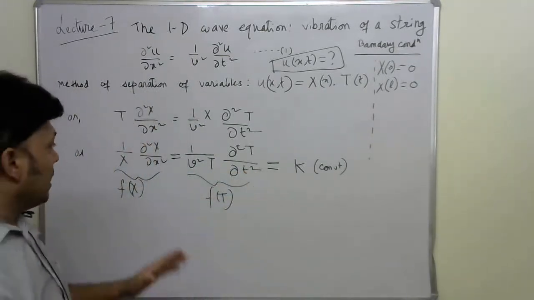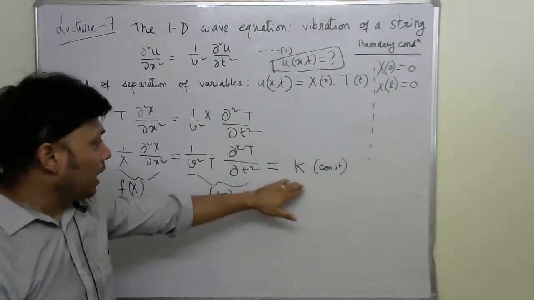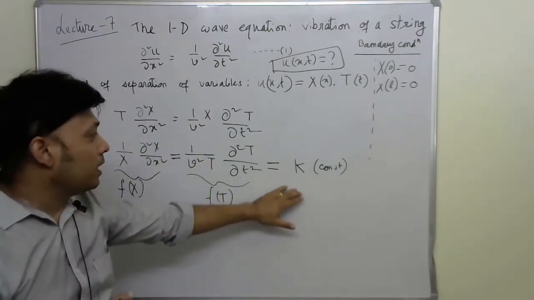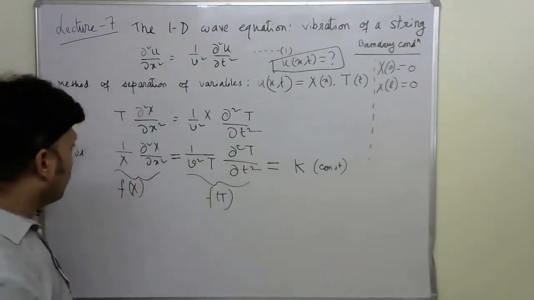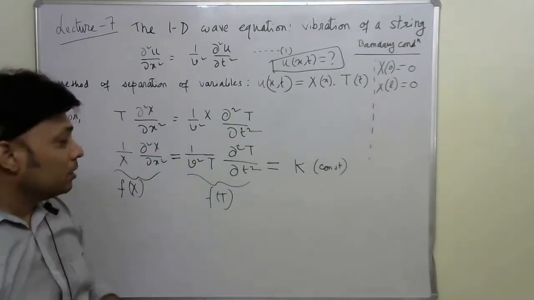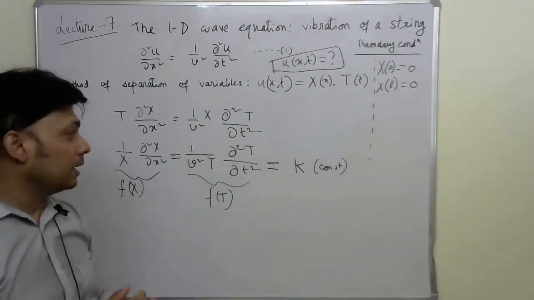The answer is that at this point we are unable to solve it, because this value k is an arbitrary constant, and from this information we have no idea what the value of k is. So right from this form we cannot solve it. What is the way? We have to play a guessing game, or a game of elimination.